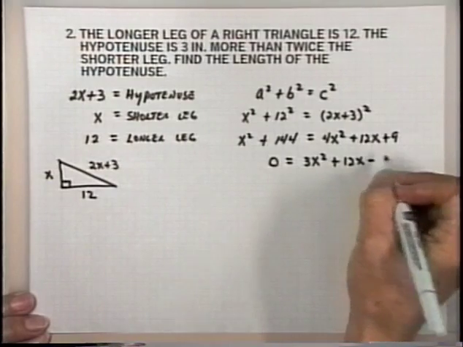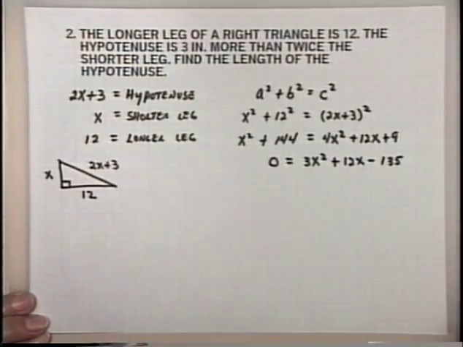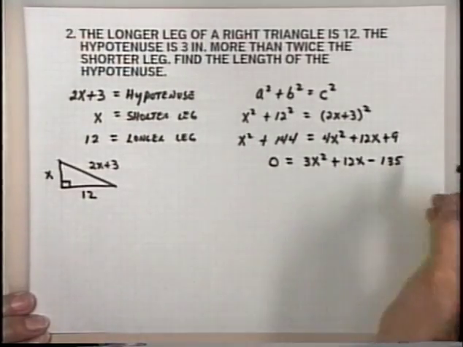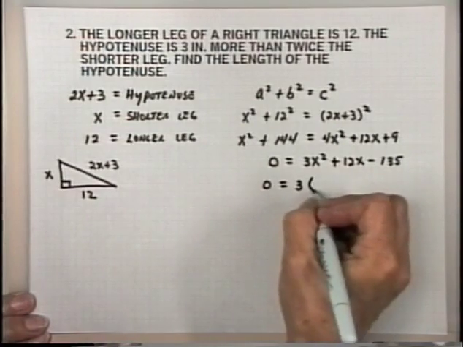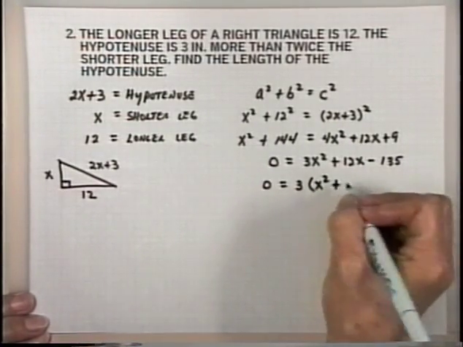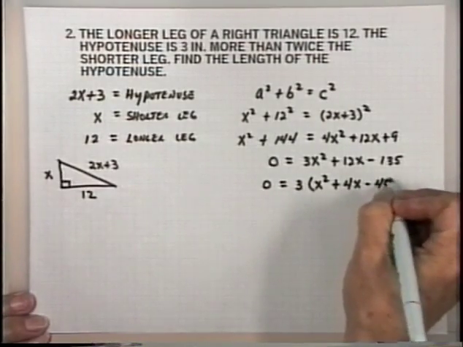Subtracting 144, I have a negative 135. I believe 3 is a common factor on this right-hand side, so let's factor out 3. Gives me x squared plus 4x minus 45.